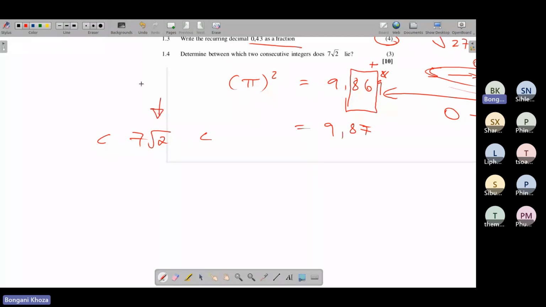So if we were to guess square root 2, it's 1.4 something, right?